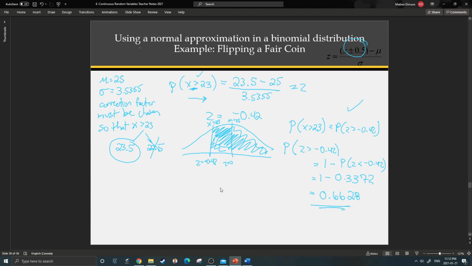Excellent. So what does it mean? There's a 66.28% chance of more than 23. Now, I was using the word heads. The question didn't actually say heads, but of getting more than 23 successes is what it said.